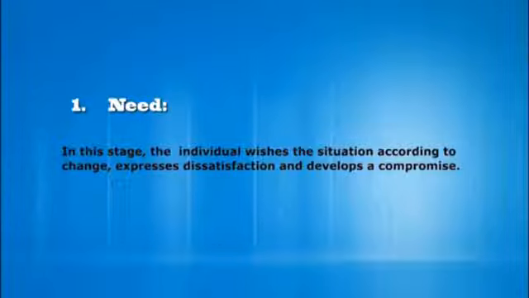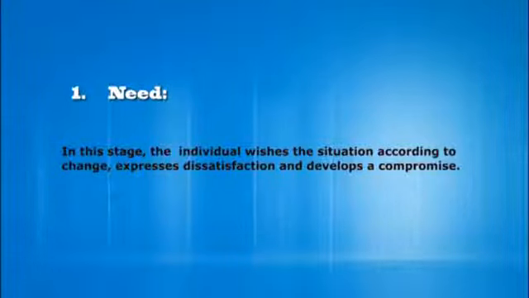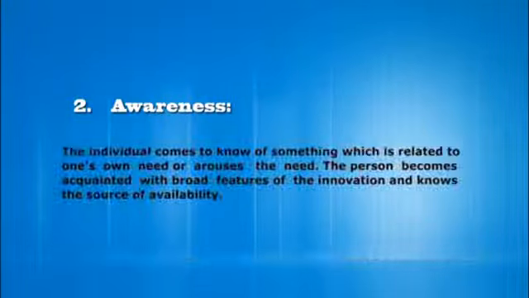In this stage, the individual wishes the situation to change, expresses dissatisfaction, and develops a compromise. The second stage, according to him, is the awareness. The individual comes to know of something which is related to one's own need or arouses the need. The person becomes acquainted with broad features of the innovation and knows the source of availability.